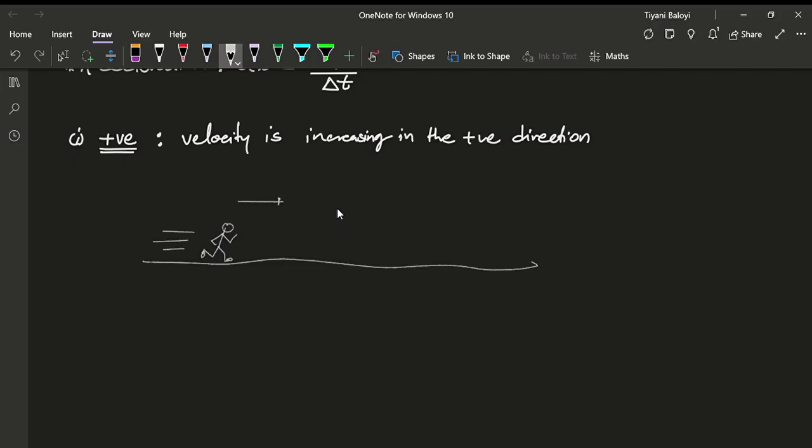We know that right is our positive direction. Let's say initially when they passed position 1, the person was running at 2 meters per second, and when they passed position 2, they were running at 5 meters per second.